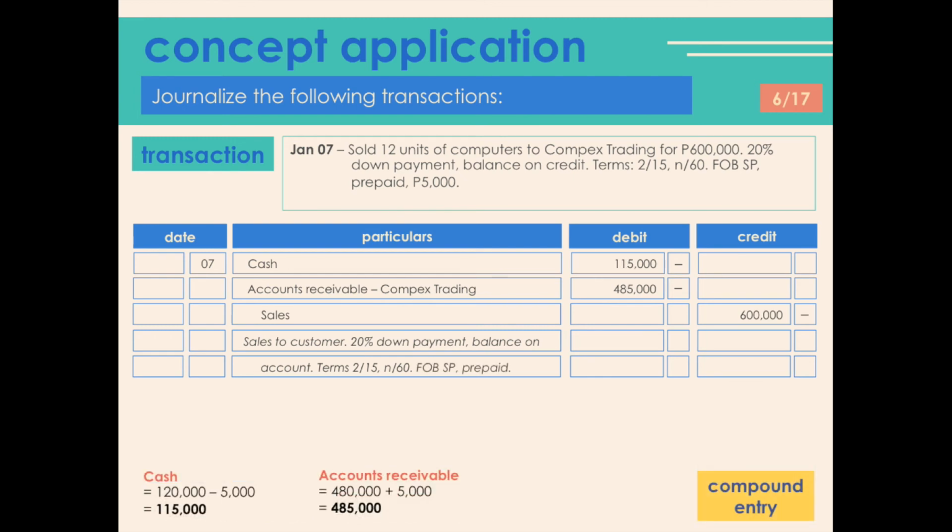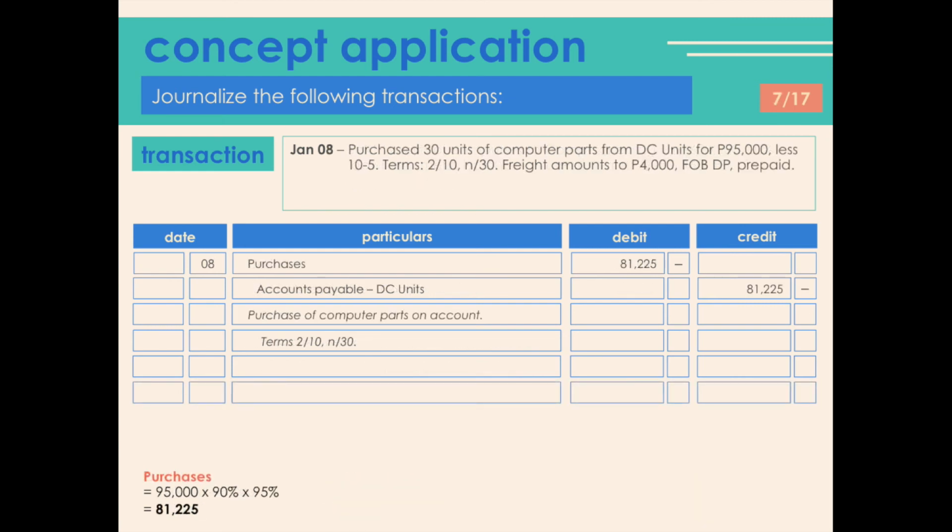Here is the compounded entry. The 5,000 pesos credit to cash is netted against the debit of 120,000, while the accounts receivable debits are added together.